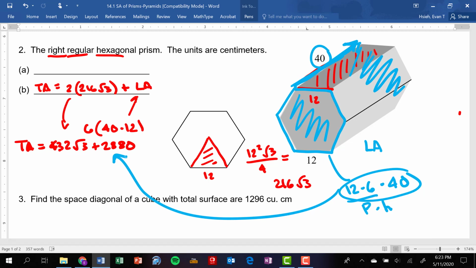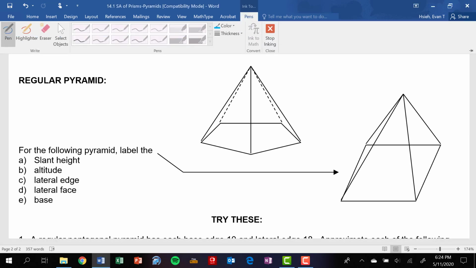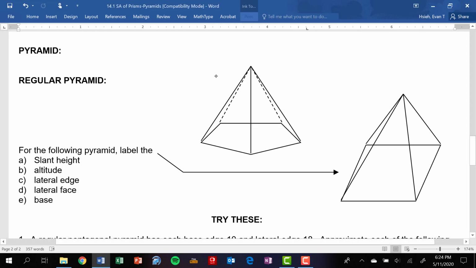Okay, that's a prism. Let's now flip over to the back side and let's take a look at pyramids. So we're on the back side taking a look at pyramids. Most of you know what pyramids are. You've seen pyramids, whether it's in pictures or you're familiar with it in past years of taking math.